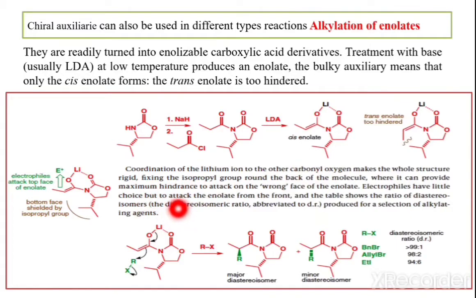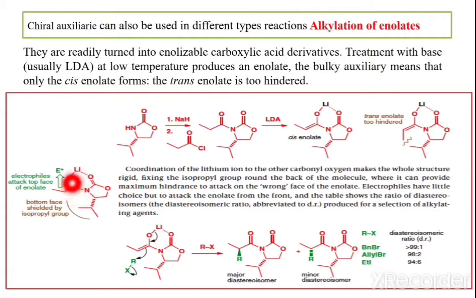Now here the electrophile attacks from the top face of the enolate, because the bottom face is shielded by the isopropyl group. Therefore addition of the electrophile takes place from the top face. Now the coordination of the lithium ion to the other carbonyl oxygen makes the whole structure rigid.